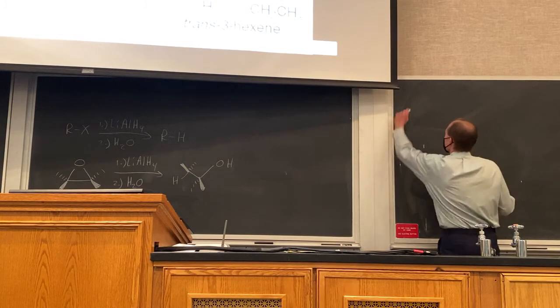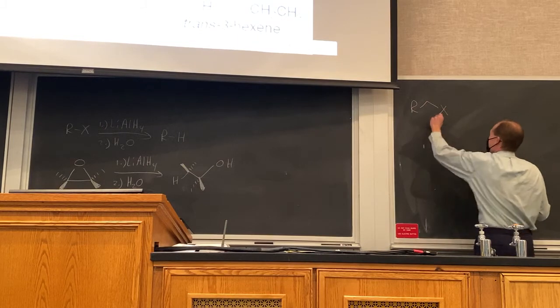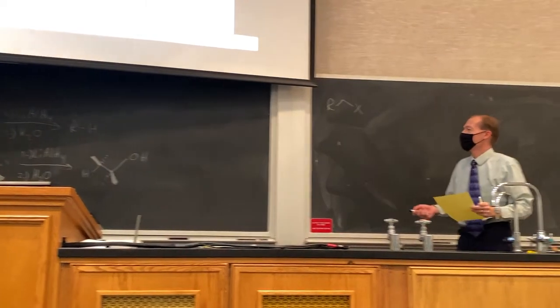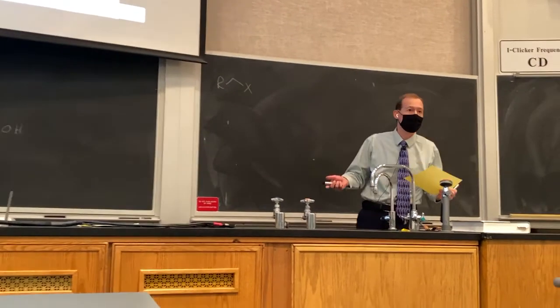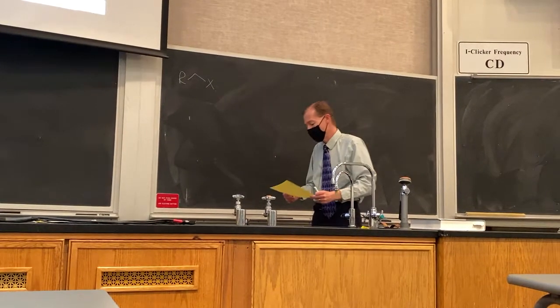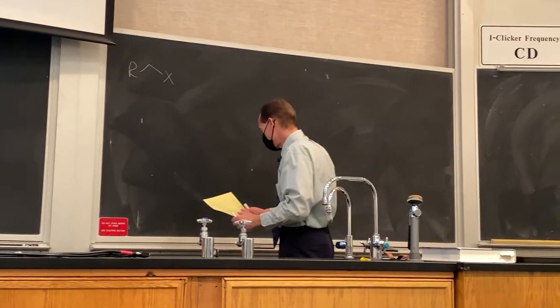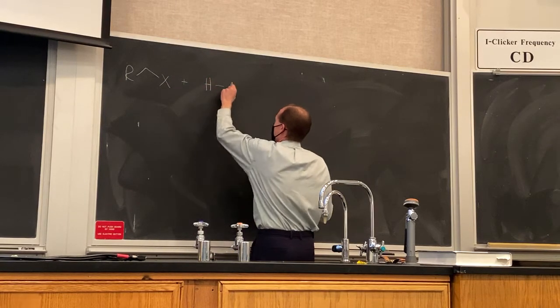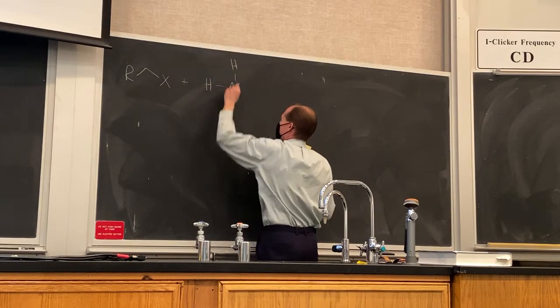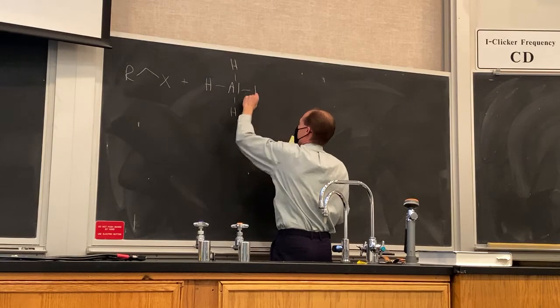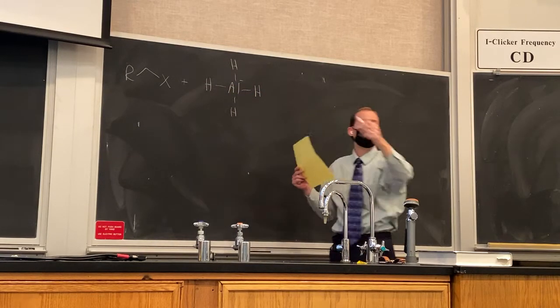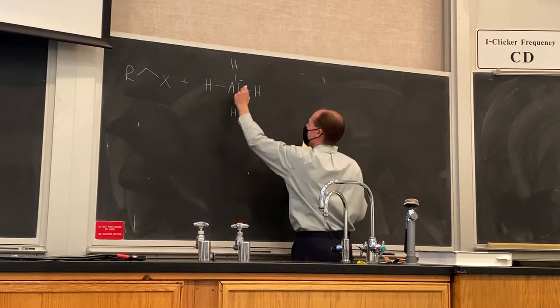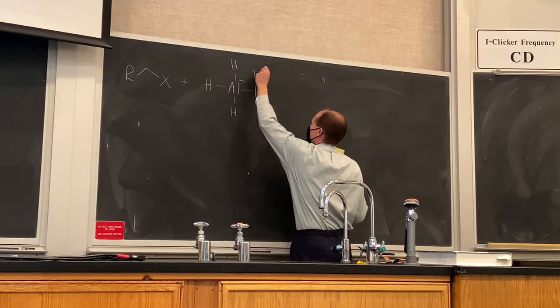It's the same mechanism whether it's an alkyl halide or an epoxide. It's just an SN2 reaction that is a reduction. So we drew the Lewis structure for lithium aluminum hydride and its cousin sodium borohydride on Monday.